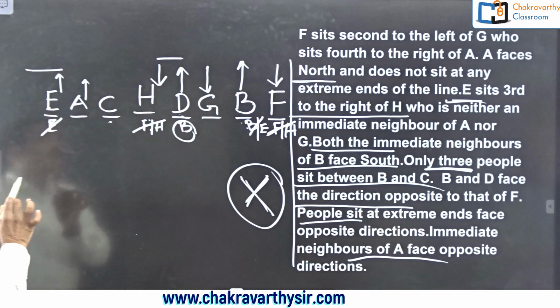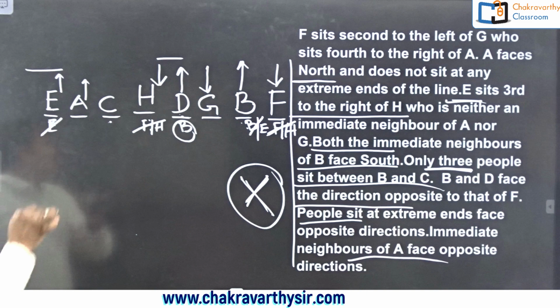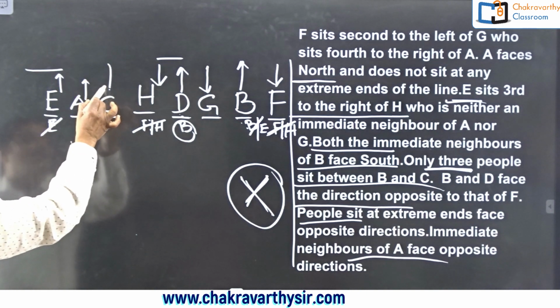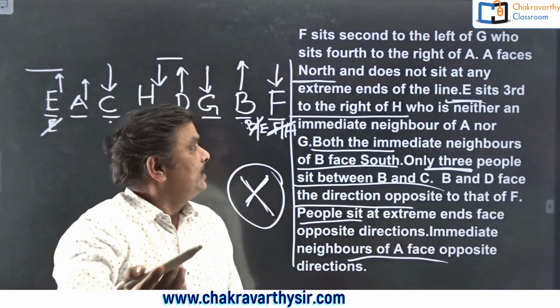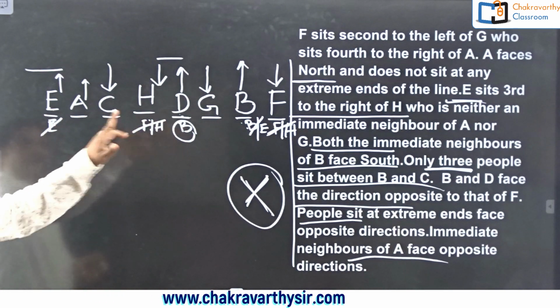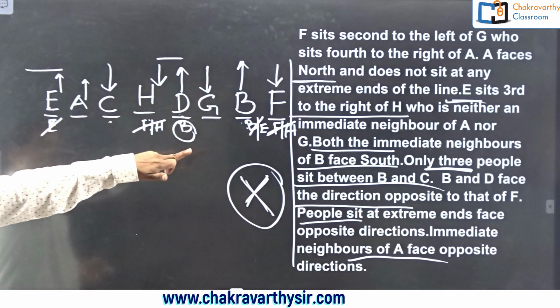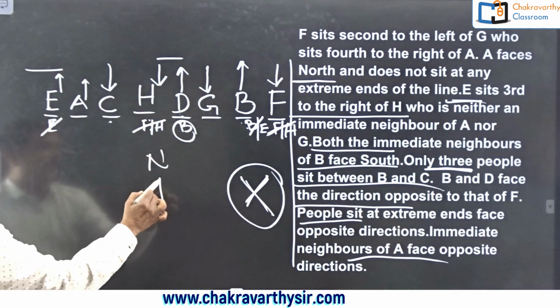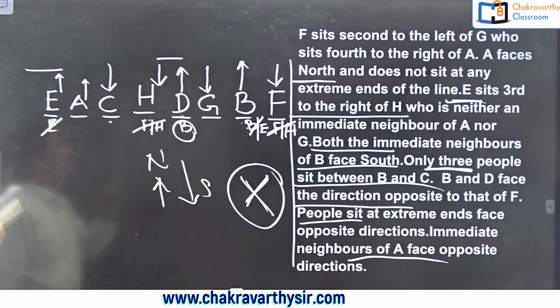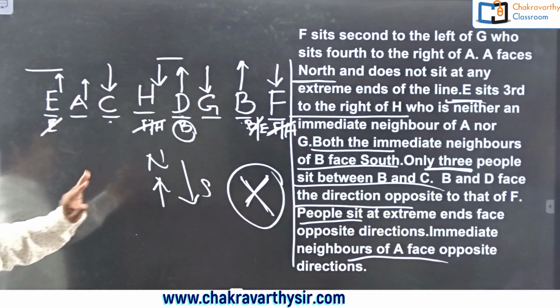C and E. E is already facing north. For that reason, C should face south. This is the way. Now we just check this one. Have we completed this? Yes, all the places are confirmed. All the directions are confirmed. This is north and this is south. This is the way, students.